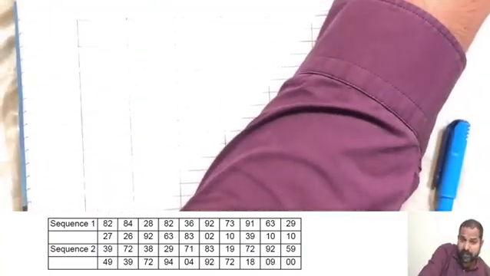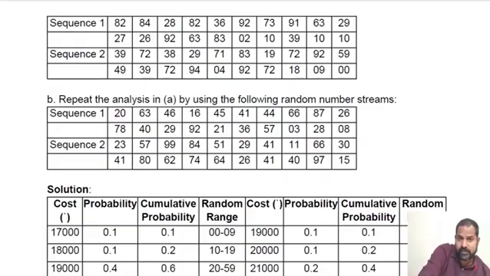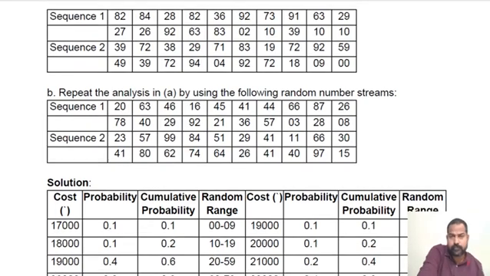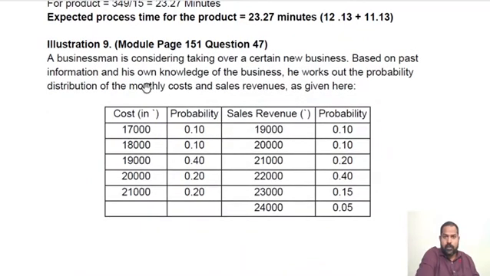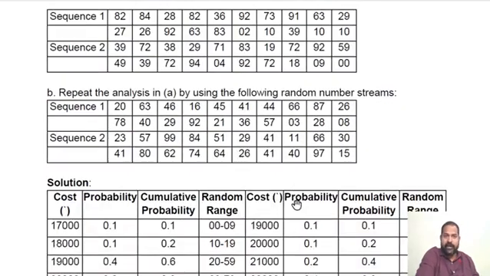This is happening on a monthly basis if I'm correct. Is this monthly data? Monthly costs and sales. So this is monthly data.